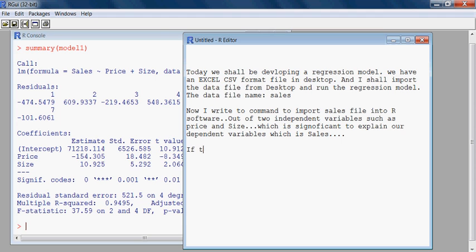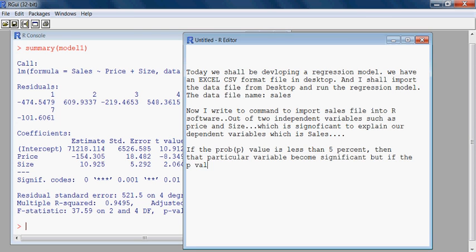The guideline is that if the probability or p value is less than 5%, then that particular variable becomes significant. But if the p value is more than 5%, then that particular variable is not significant.